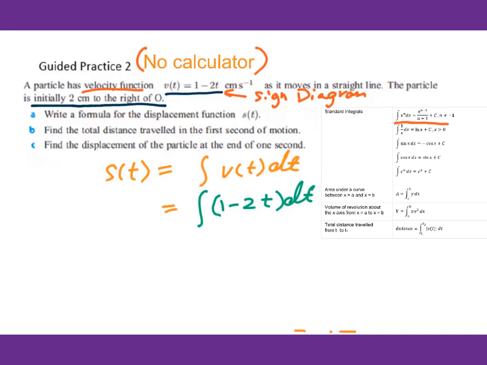Using this formula, we will get 1t minus 2 times t squared over 2, then plus c. So we have t minus t squared plus c.